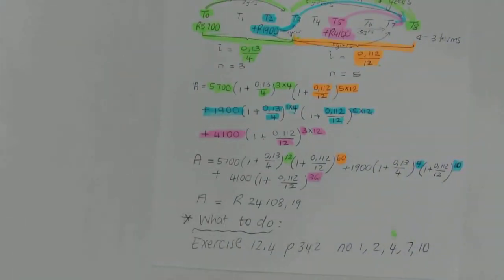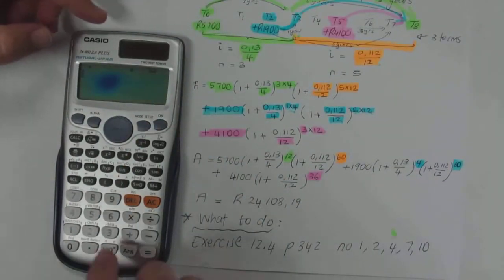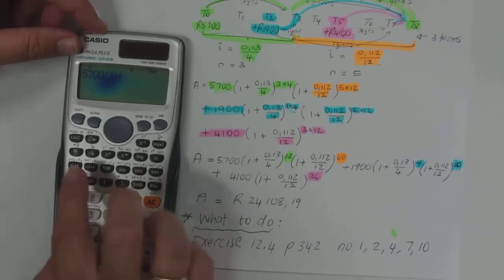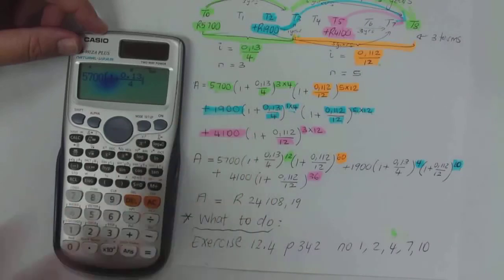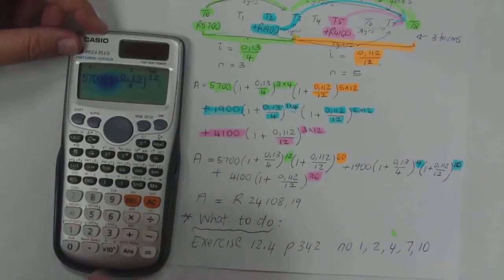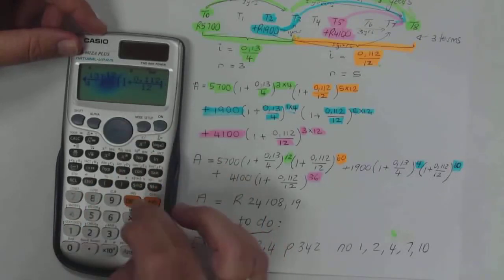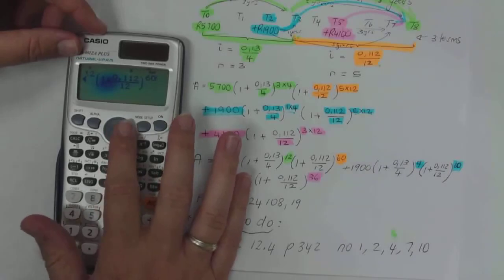Right. So let's have a look how I'm going to enter this into my calculator. So 5,700, 1 plus 13% at a quarterly basis, and that was to the power of 12. And then I have 11.2% done at a monthly basis, and that was for 60 months.